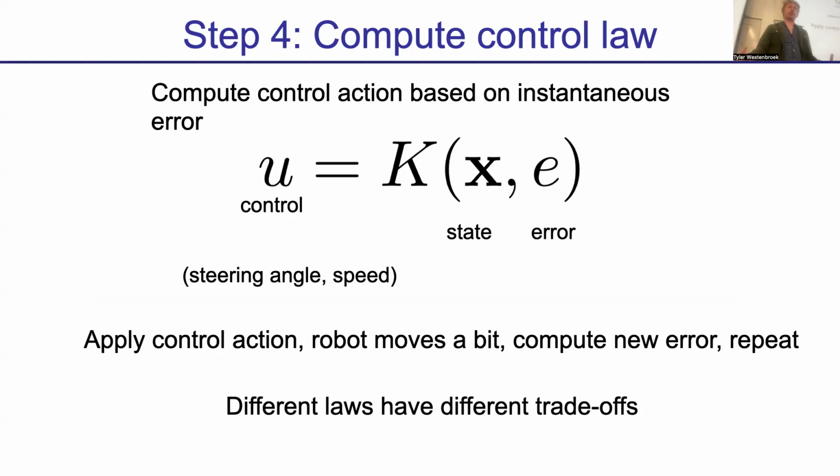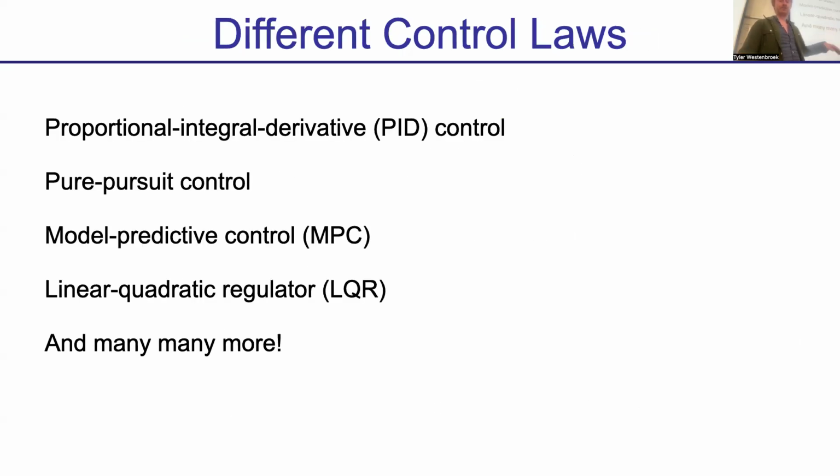How do I drive this error to zero and bring my real world system and my reference together? Again, there are many, many different ways you can do this. I did a whole PhD on this, and there are many, many different design decisions you can get into when thinking about these sorts of things.